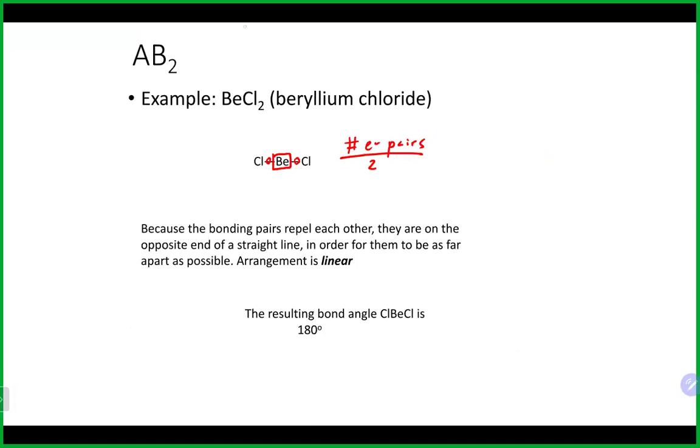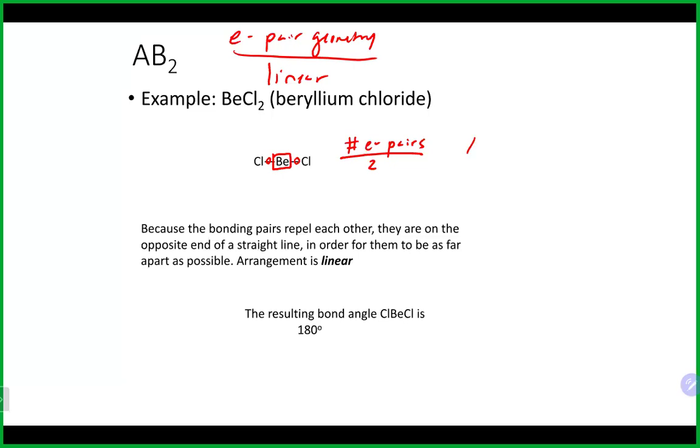And something with two electron pairs, the electron pair geometry name is linear. Those electron pairs are going to try to get as far away from each other as they can, and they're going to end up on opposite sides of the center atom.